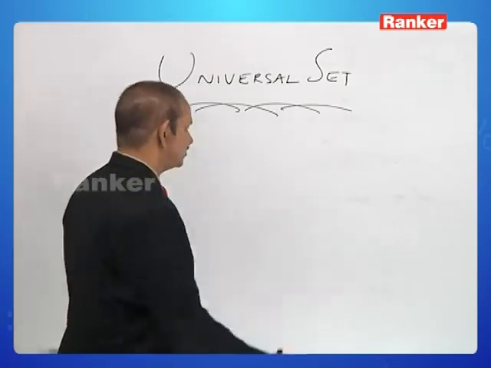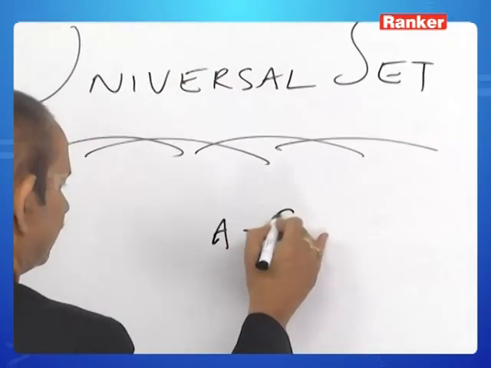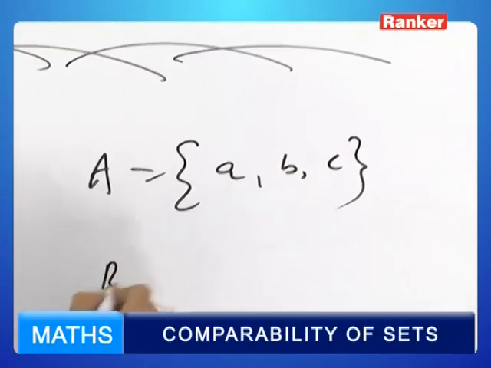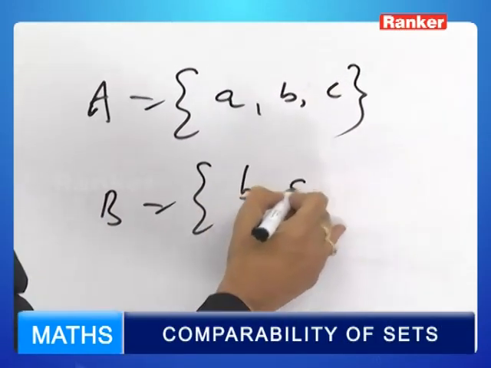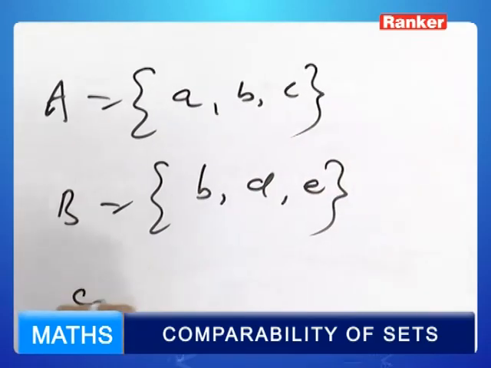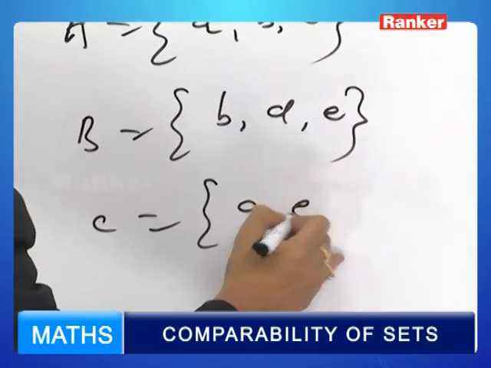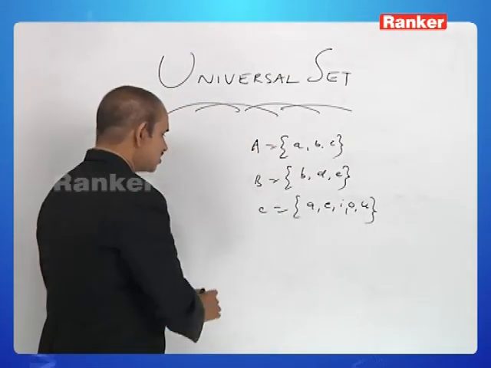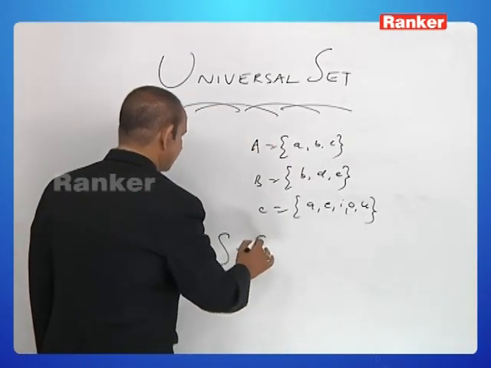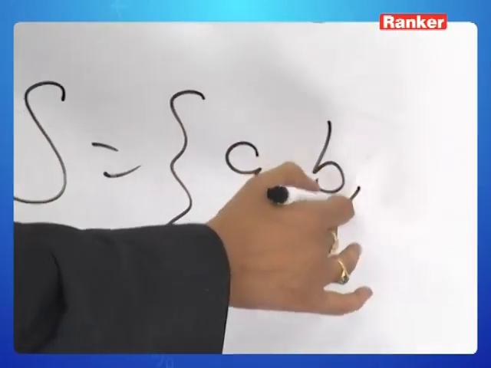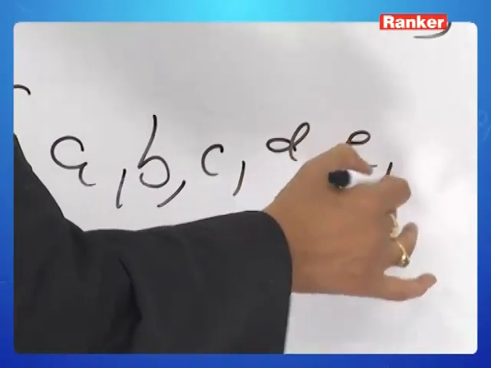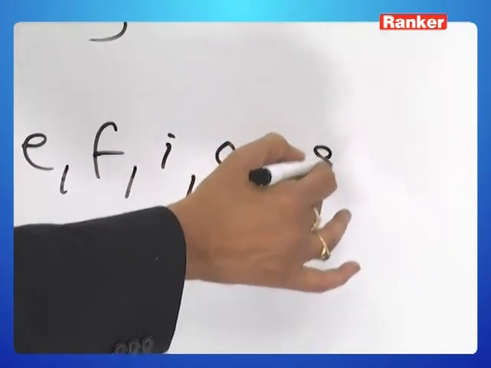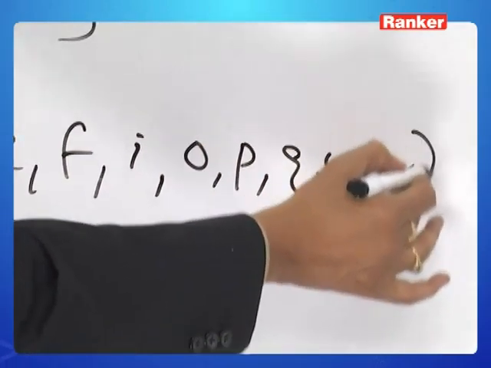a universal set. For example, A is equal to {a, b, c}. B is equal to {b, d, e}. C is equal to {a, e, i, o, u}. You consider this set S is equal to {a, b, c, d, e, f, i, o, p, q, u, z}.